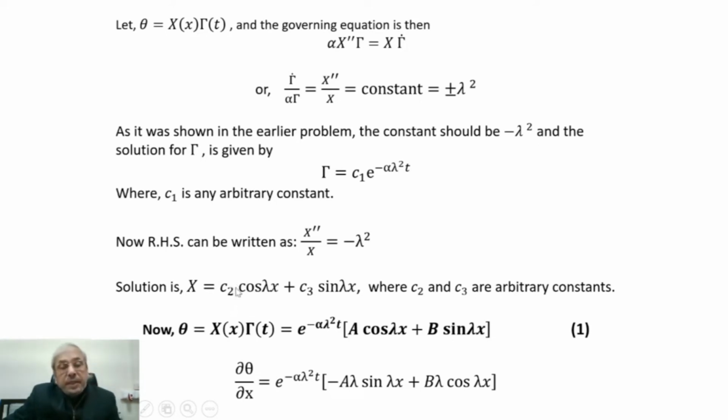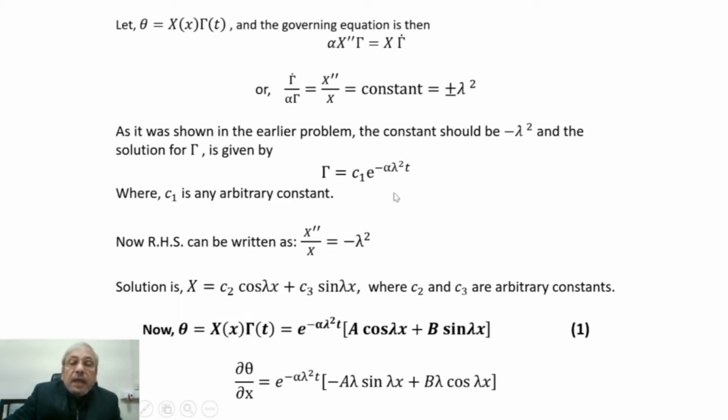This is given as C2 cos lambda x plus C3 sin lambda x, where C2 and C3 are arbitrary constants. Now, as we have already mentioned, theta will be the product of the x dependent part and the t dependent part, so X into gamma.